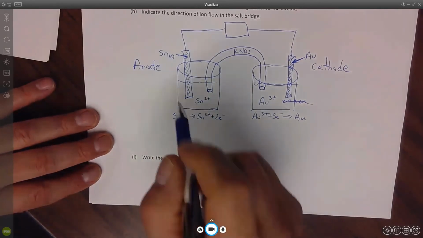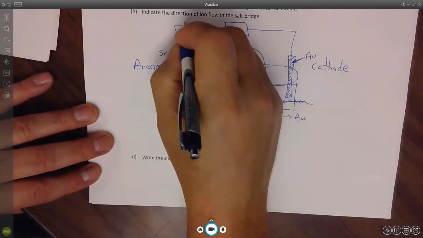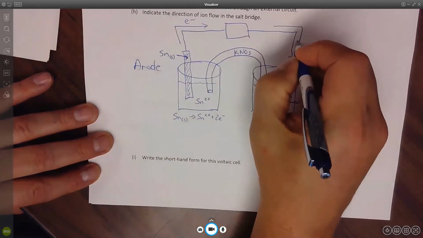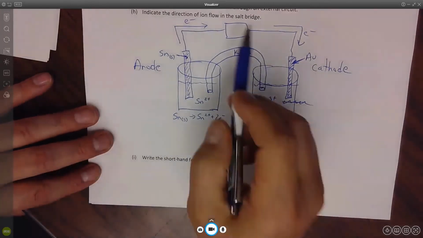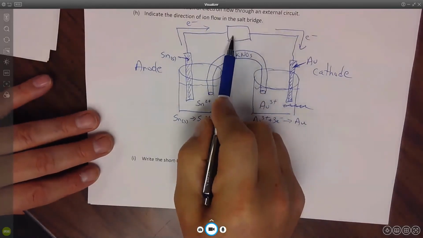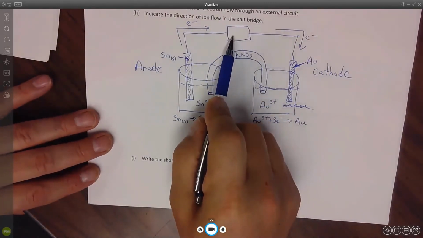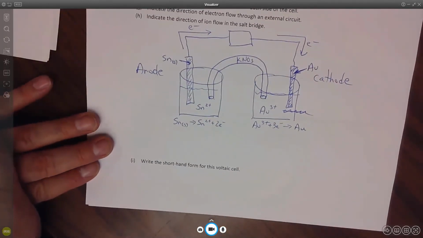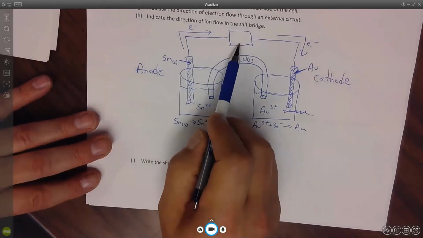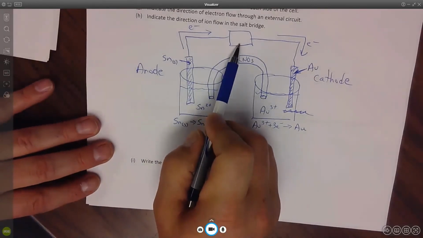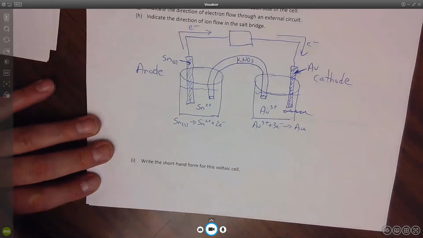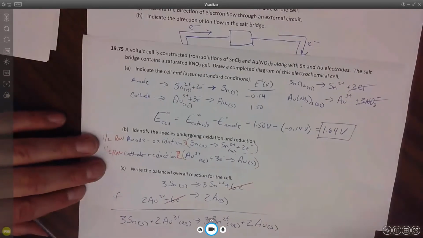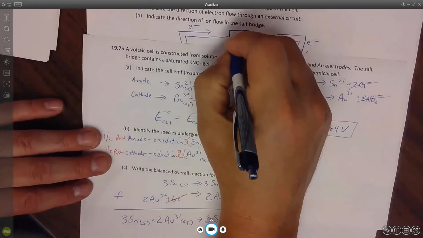So left to right. So the electrons are traveling this way. And this is my load. And what is the potential on my load? How many volts am I supplying to my load? E cell naught, which we calculated is 1.64 volts.